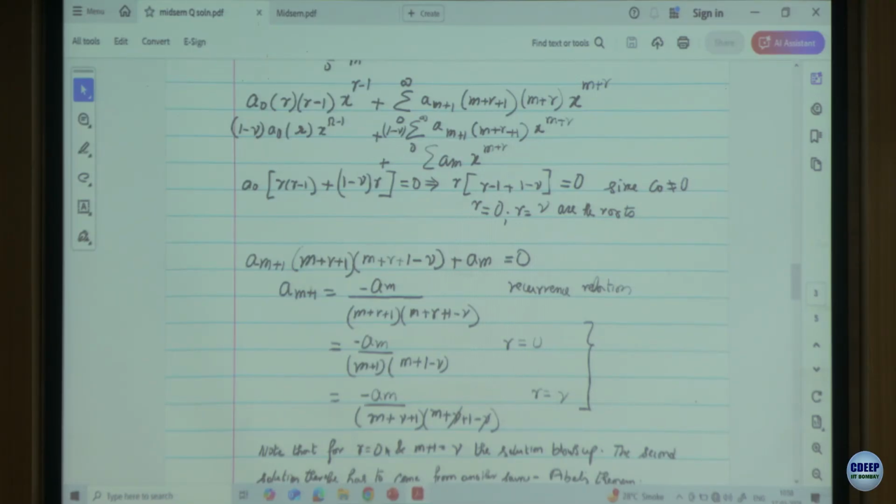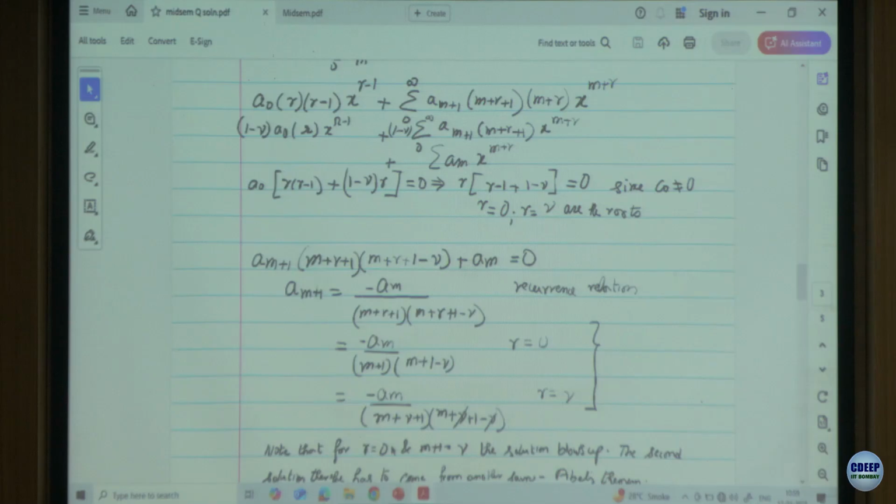And one after the other, you are just simply saying r equal to 0 is that, r equal to nu is that, and I'm going to just say that the solution y1 is equal to c x to the n plus r, with r equal to 0. Remember that at that time in class also, I forget what the exact example was, we said that one of the solutions blows up, and this was exactly that case. Okay, when your m, which is the parameter, becomes equal to nu, it blows up.